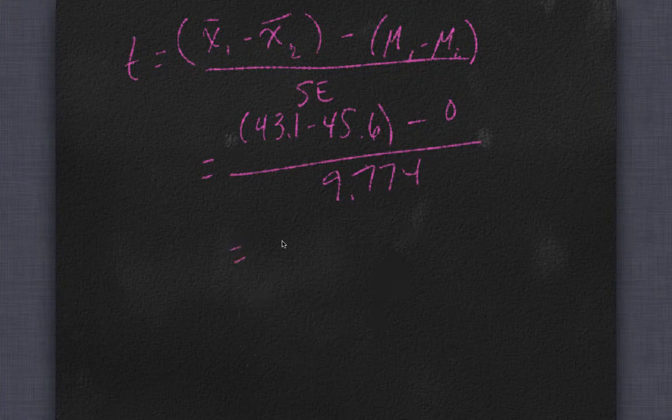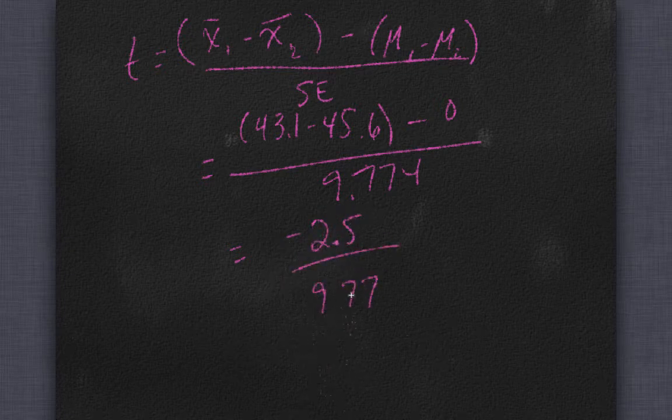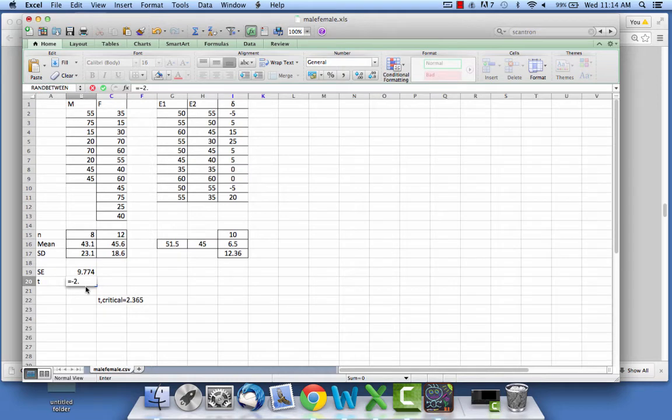So this is minus 2.5, so that's negative 0.256. So that's actually a very, very small difference.